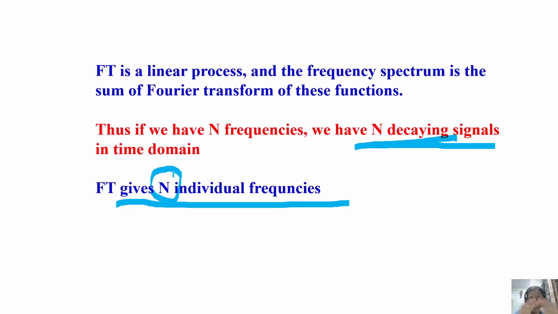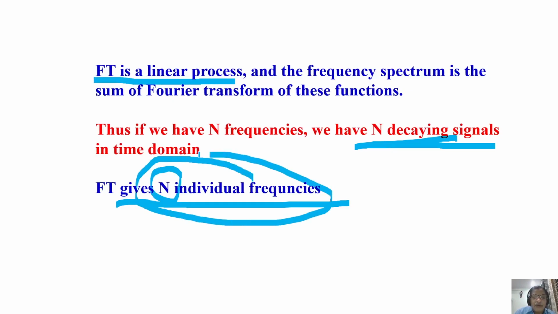The explanation which was given for a single FID holds good if the time domain signal has a superposition of several frequencies. Finally, do the Fourier transformation. That being a linear process, you are going to get a frequency domain spectrum with as many frequencies as are present in the time domain signal.